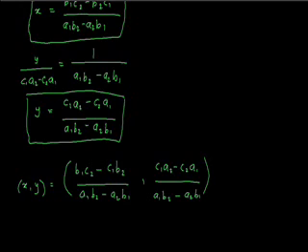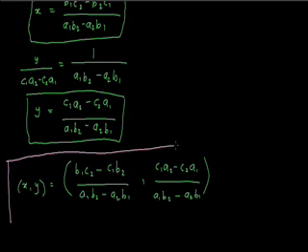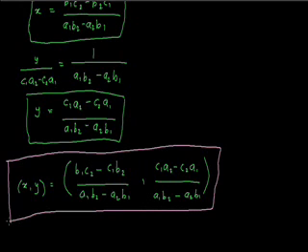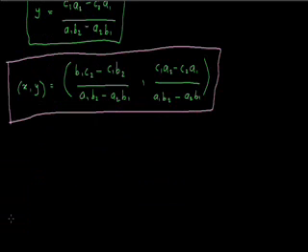So with the help of the coefficients of x, y and constant terms, we can find out the point of intersection of the two lines provided to us.